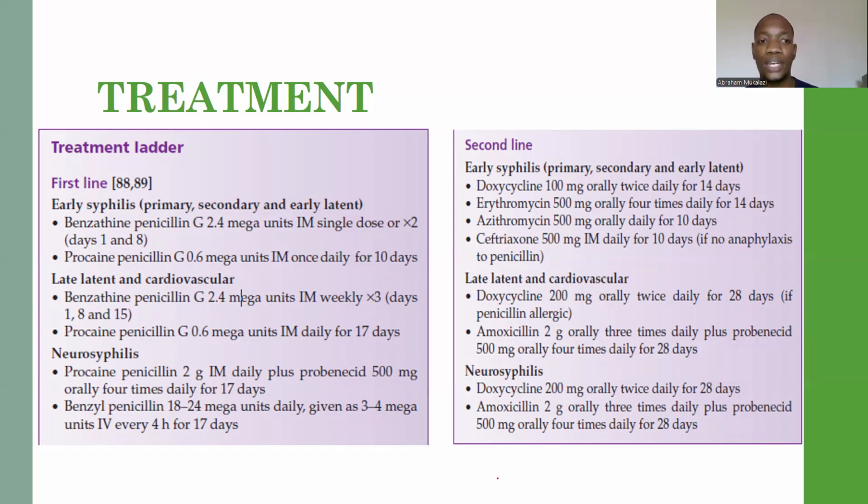Alternatively, you can use procaine penicillin G, 0.6 mega units IM once daily for about 10 days. But in our setting, we usually use the benzathine penicillin that is readily available.